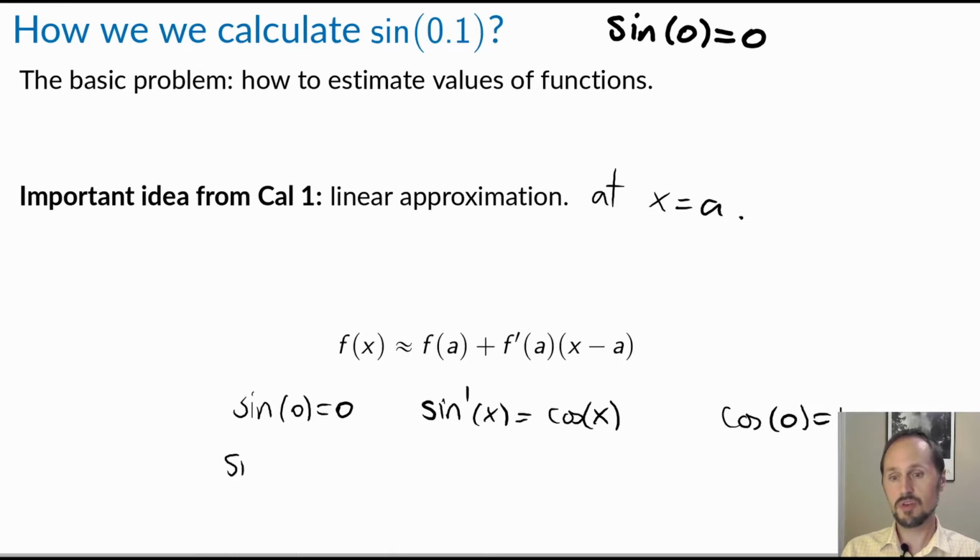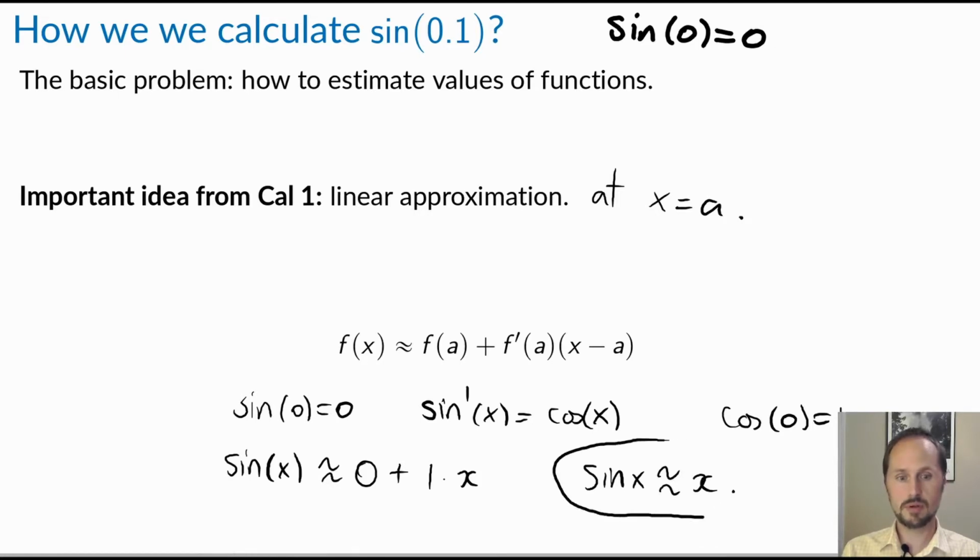So that gives me that sine of x is approximately equal to 0 plus 1 times x minus 0. So sine of x is approximately equal to x itself. And that's an example of using a linear approximation to a function.